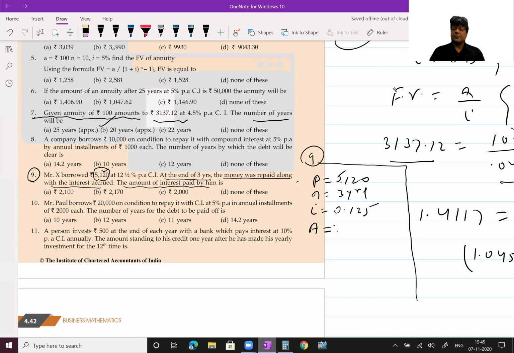What is the amount formula in compound interest? Principal into 1 plus I to the power n.